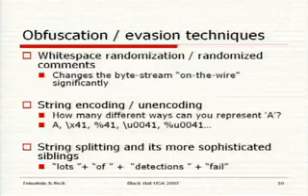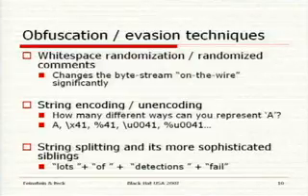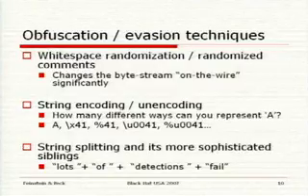Another simple technique is string encoding or unencoding. This is not specific to JavaScript, obviously, but in a lot of these malicious JavaScripts, you will frequently see the use of encoded characters, Unicode, unusual Unicode encodings.